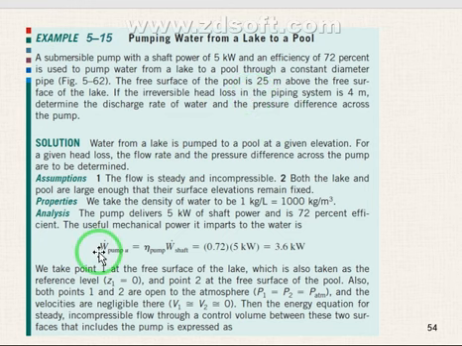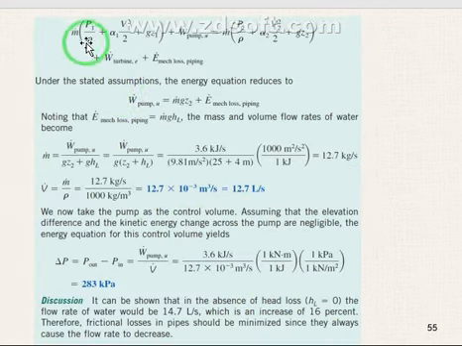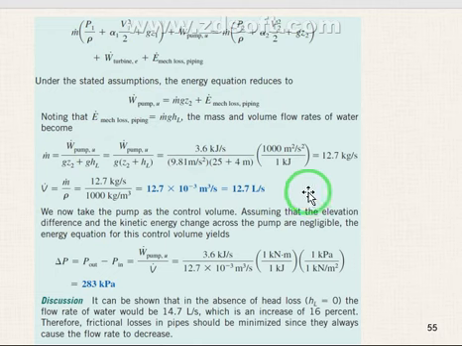First of all, we know the pump capacity is 5 kilowatts. So the net energy that can be delivered by the pump is 5 kilowatts times 0.73 efficiency, which is about 3.6 kilowatts. This is the net. We know now P1 equals P2, atmospheric, and V1 equals V2, almost zero, as I told you. So we're going to summarize this equation and it's going to be that way. Just do the numerical substitution.